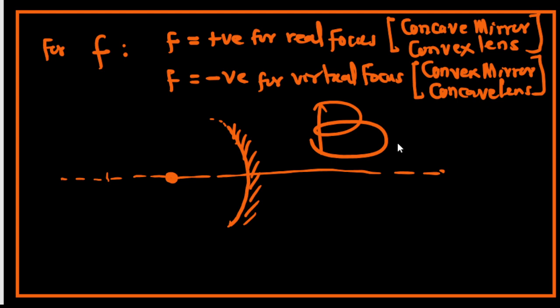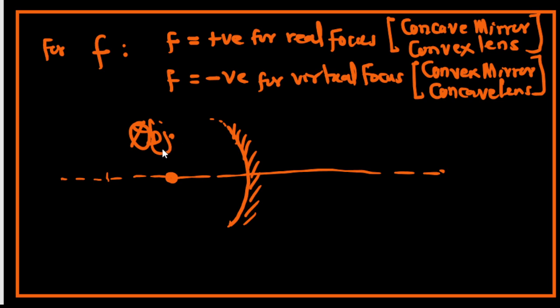So now that brings us to the definition of, now look at this. As an observer, you are standing here. No, not object, observer. Since you are standing on the left hand side of this mirror, the principal focus is at your side.